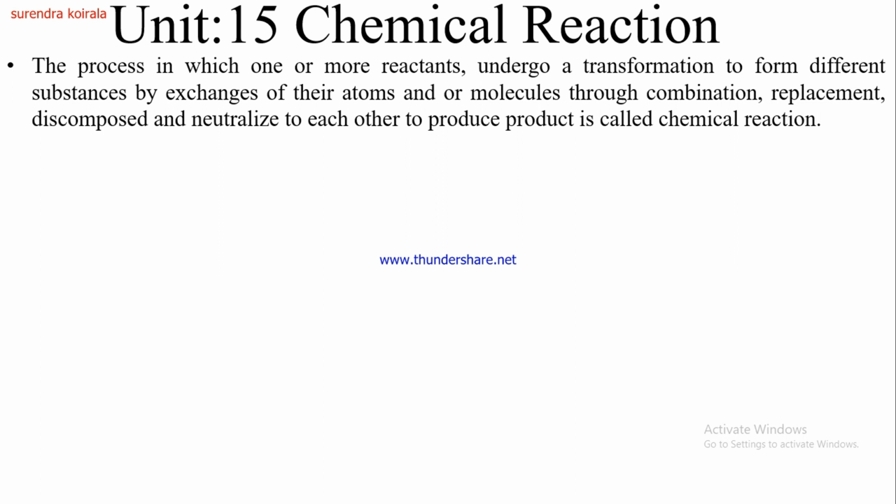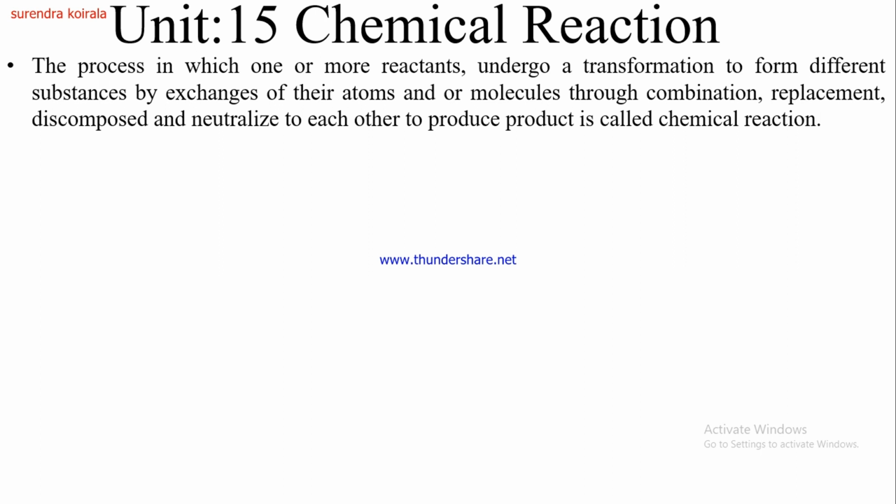So, as you know, a chemical reaction is the process in which the reactants undergo transformation into different kinds of substances through combination, replacement, neutralization, and decomposition to produce new things.